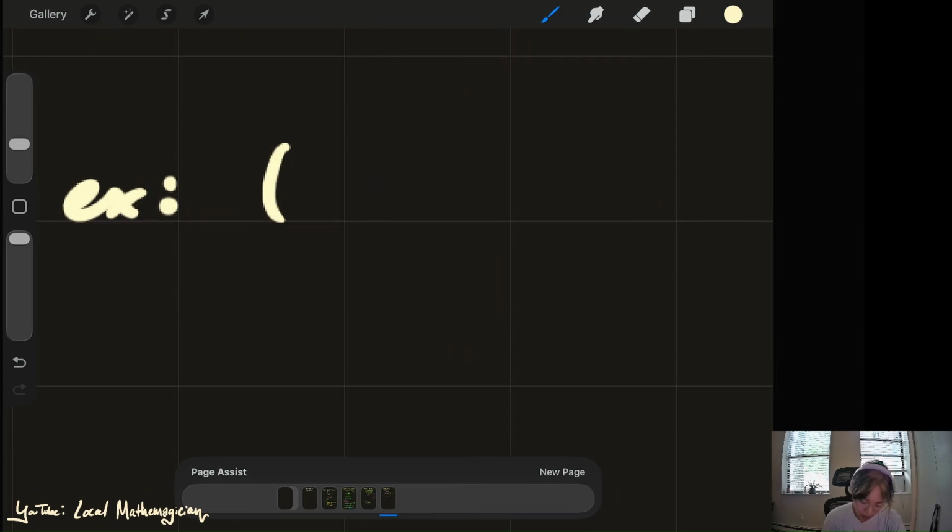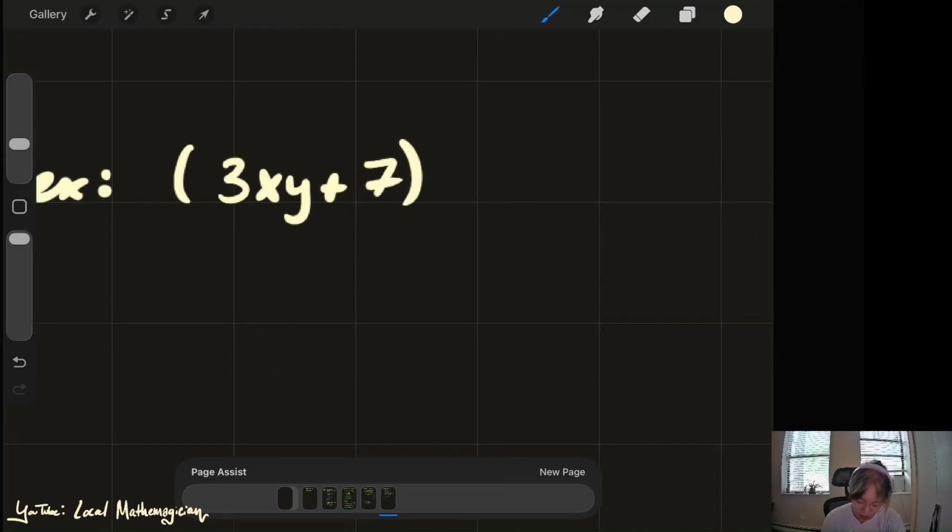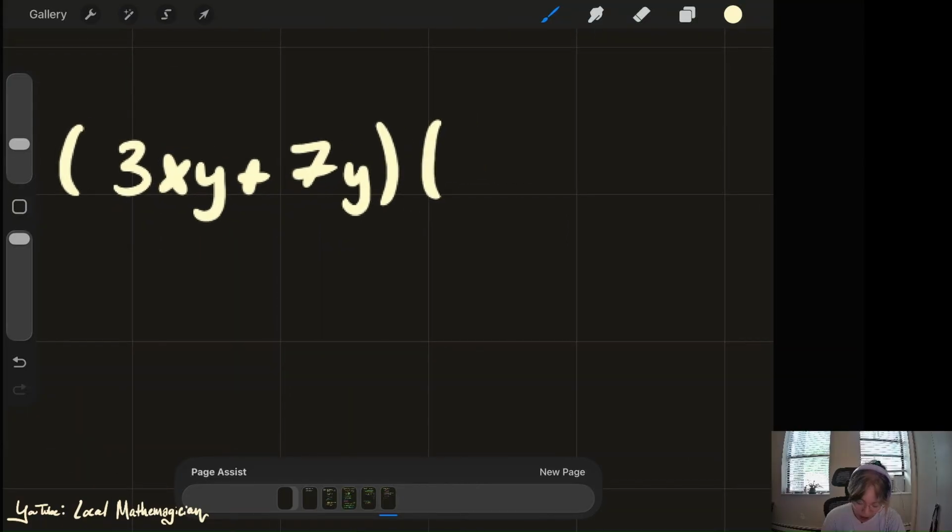Let's say I have 3xy plus 7y times 2x plus y cubed.